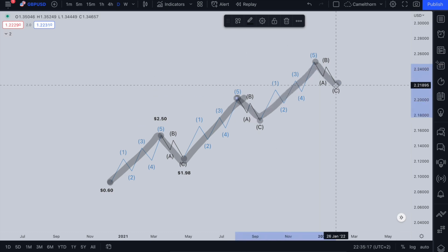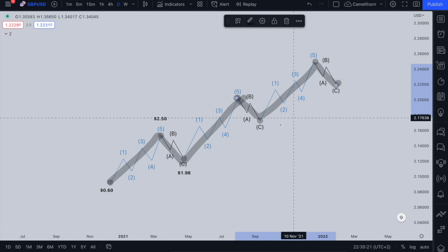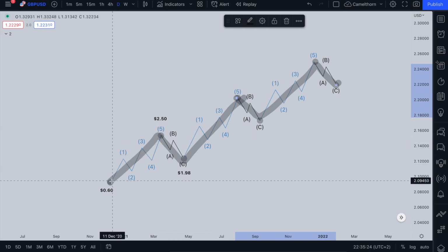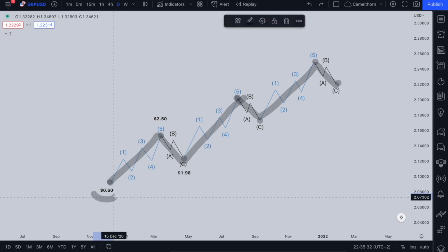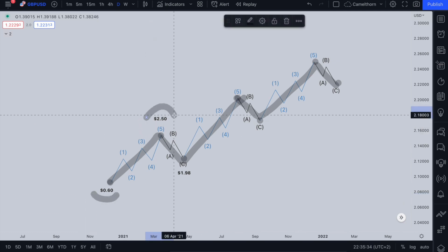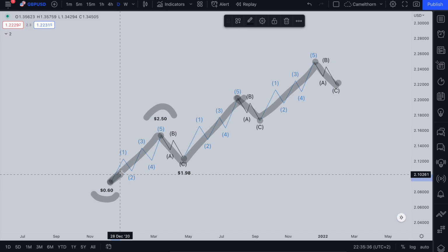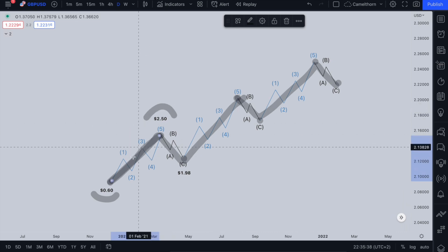Okay, so in my market forecast videos, I like talking about external structure and internal structure. So what we have just done is we've seen that an impulsive wave that consists of an impulsive leg that consists of 5 waves has pushed price from $1.60 to $2.50. Within that impulsive move, we have 5 waves to the upside.